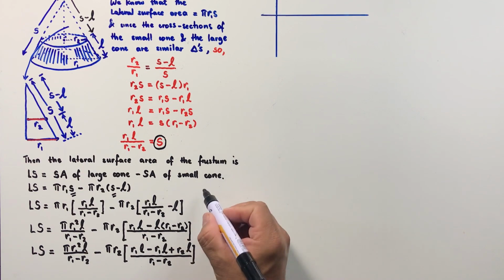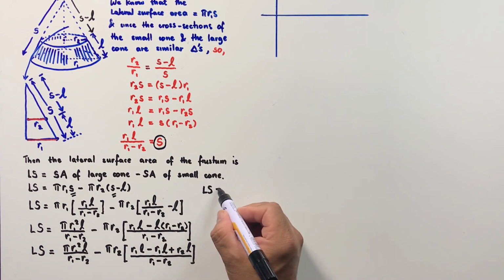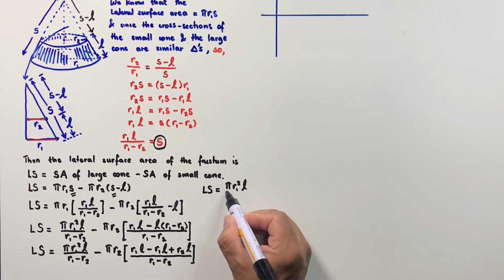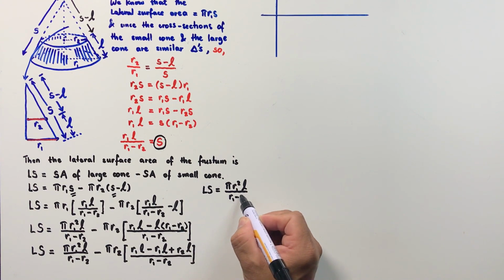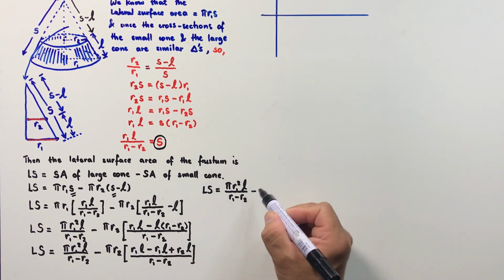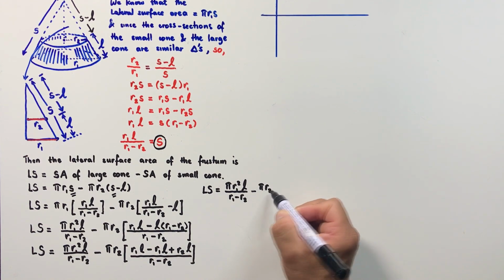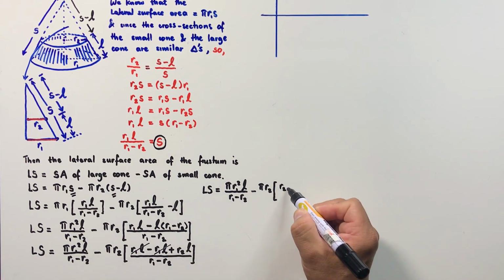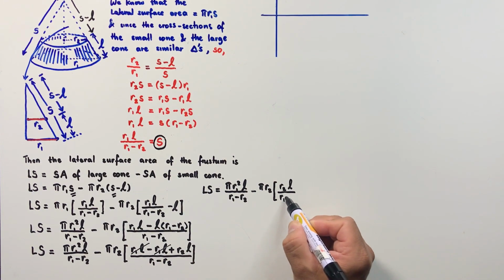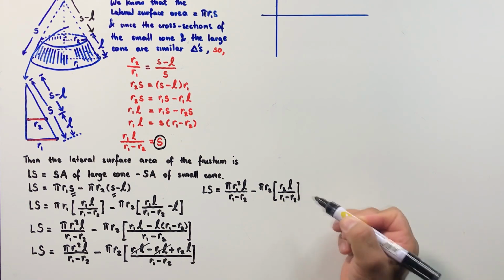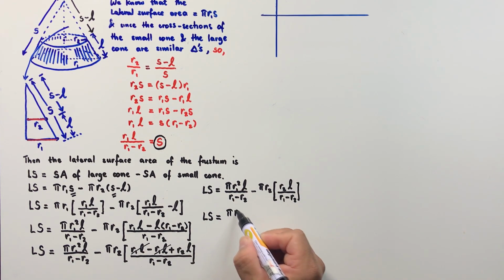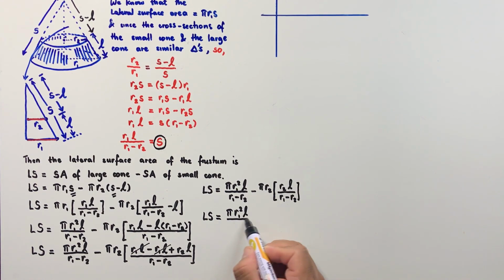And then we have our lateral surface area, which is equal to pi r sub 1 squared L divided by r sub 1 minus r sub 2 minus pi r sub 2 times the fraction. This one can be cancelled, so what remains is r sub 2 L divided by r sub 1 minus r sub 2 here.